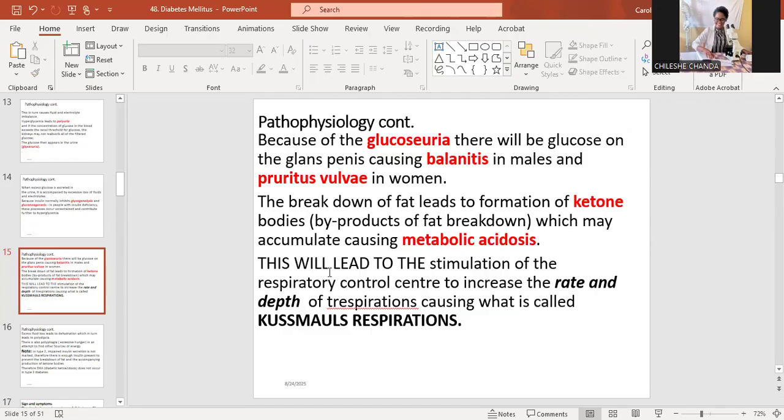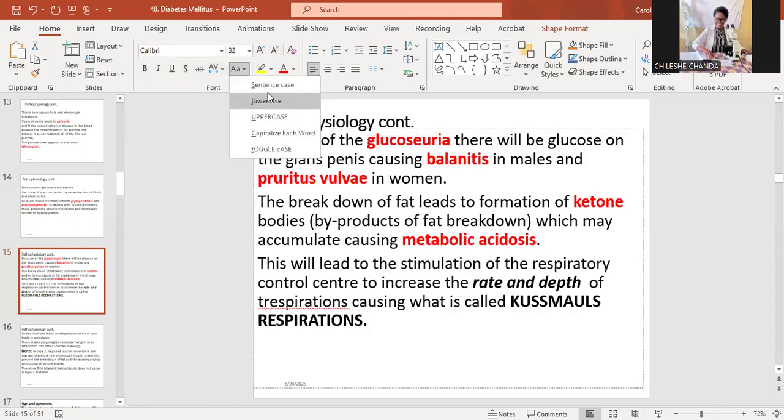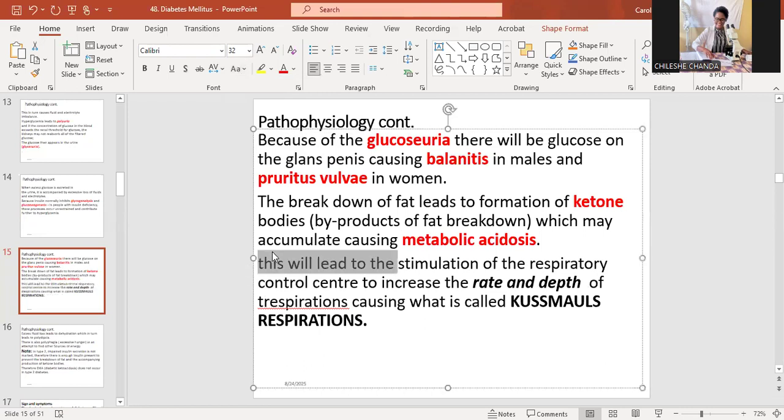Okay, now this will further lead to stimulation of the control center, the respiratory control center. And because the body is trying to get rid of the metabolic acidosis, the body is going to want to have more oxygen.